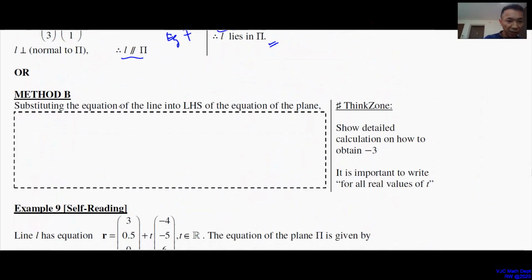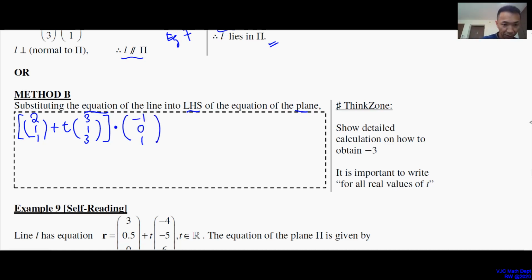I'm going to substitute the equation of the line into the left hand side of the equation of the plane, which means this. Open bracket, 2, 1, minus 1, this is the left hand side, plus t, 3, 1, 3, this is the equation of the line, dot minus 1, 0, 1. Sub into the plane.